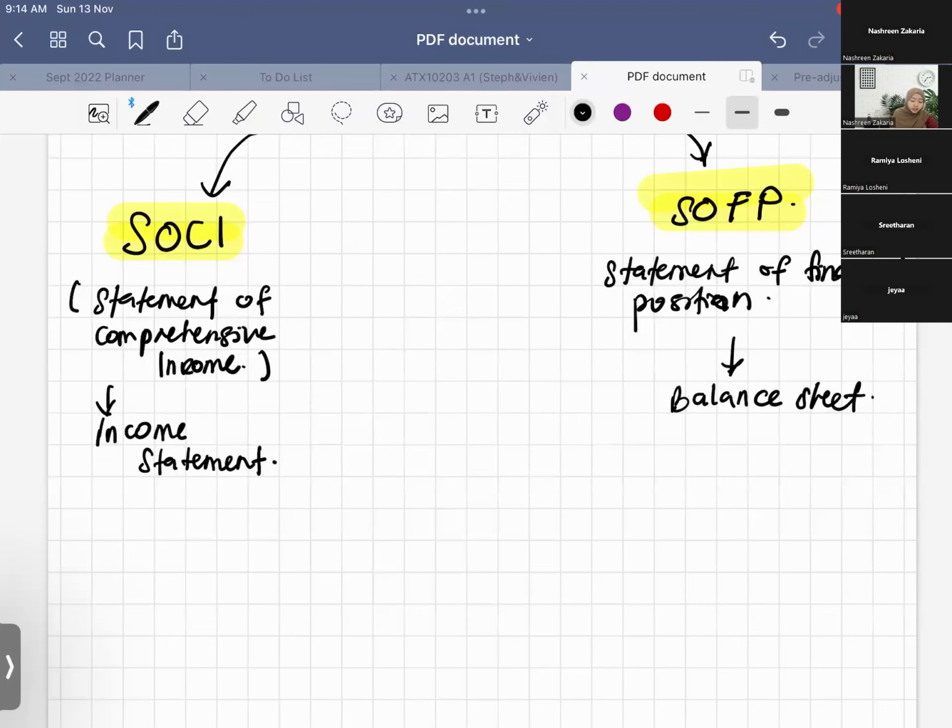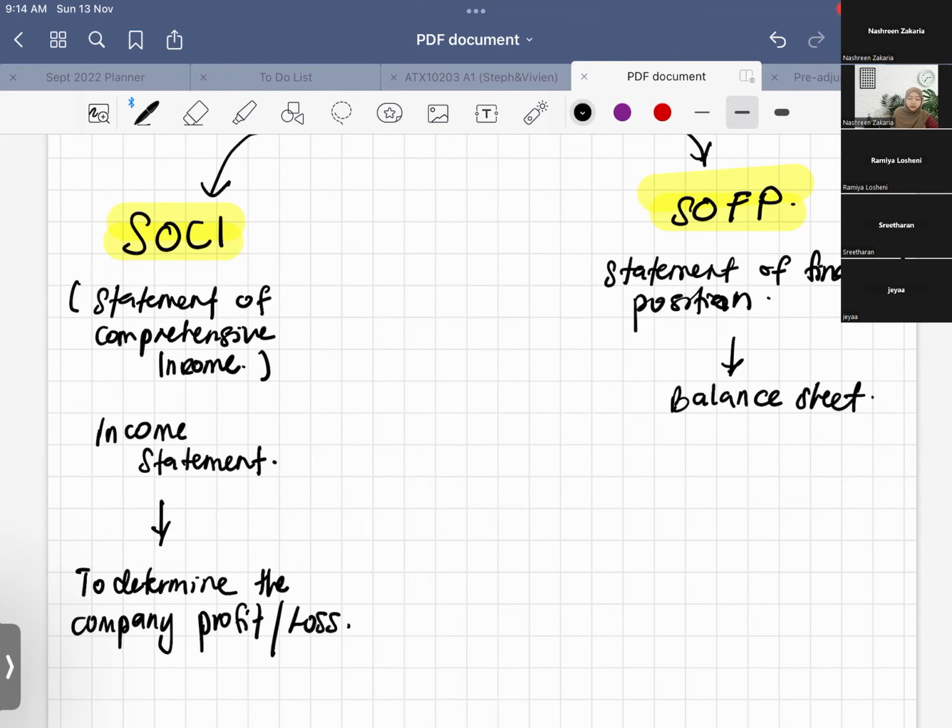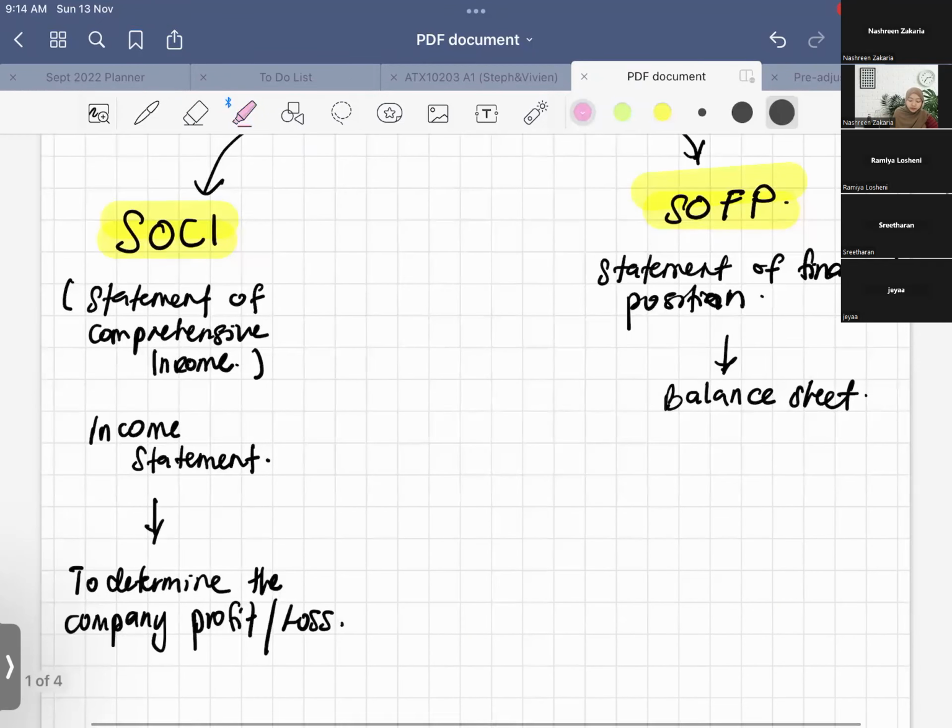So SOCI, what is the purpose of us preparing SOCI? It is actually to know our income, profit or loss, to determine the company's profit or loss. So that is the purpose of the profit or loss statement, or income statement.